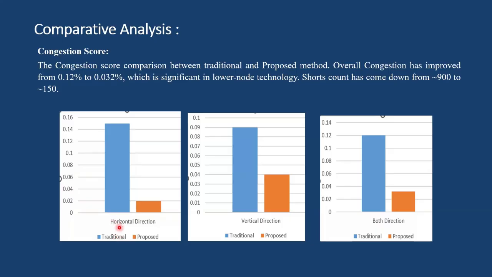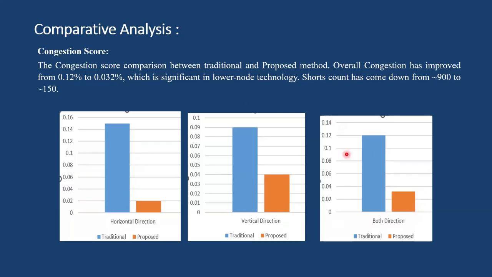If you compare the horizontal directions, in the proposed method we see more than 80% of the congestion has come down. Similarly, in the vertical direction, the congestion score has come down by 50%. And on average, in both directions, we see the congestion has improved more than 60%.